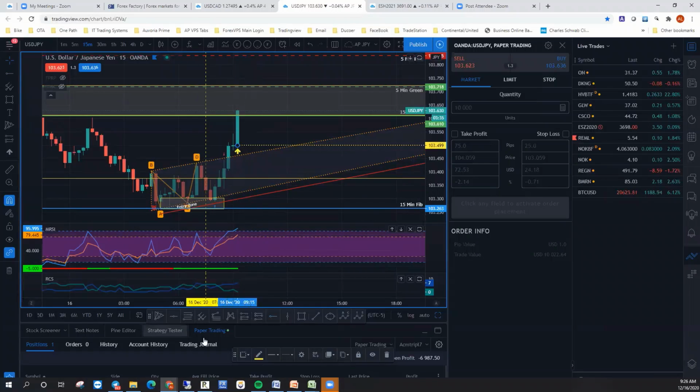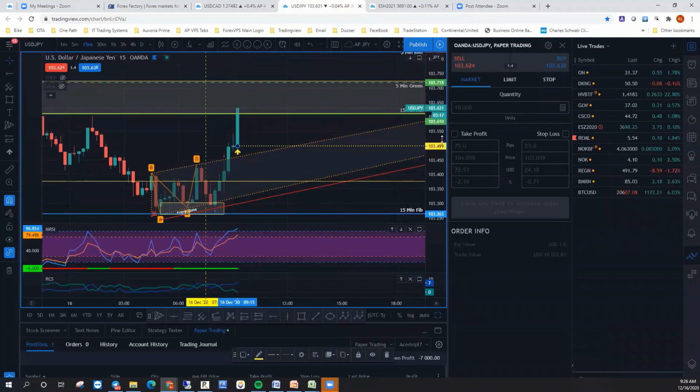And then it would go for 20 pips. So from, let's say, 103.50 to 103.70, right into this overshoot zone. Yeah, that would have been a good trade.